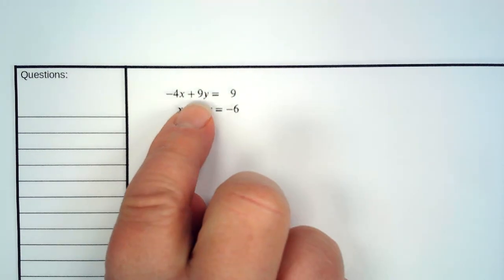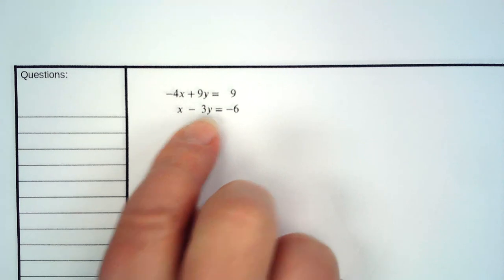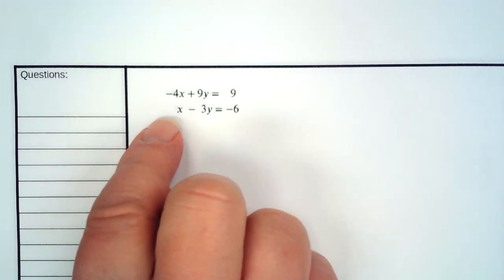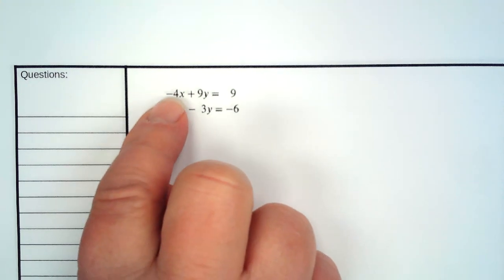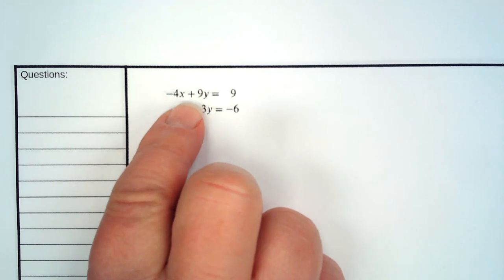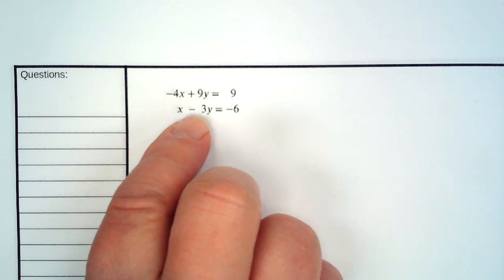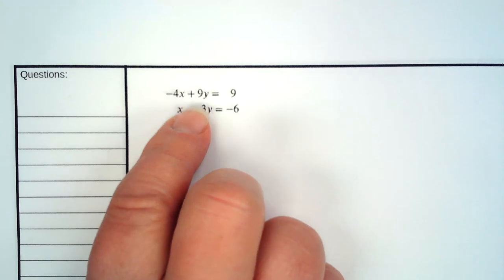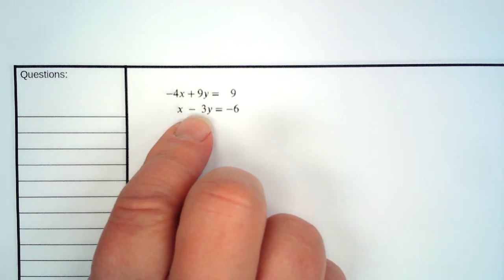I've got 9y, I've got negative 3y. So there's two ways to do it. I can multiply the bottom row by positive 4, and then I'll have negative 4x and positive 4x. Or I can multiply the bottom row by 3, and I'll have positive 9y and negative 3y.